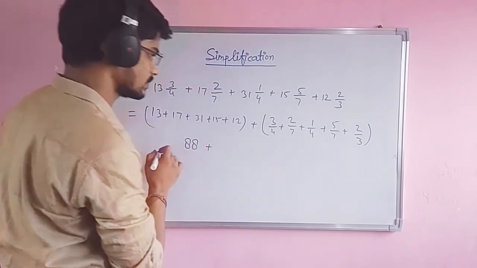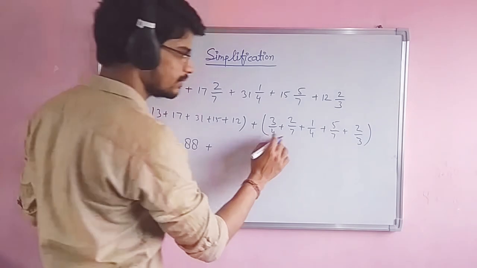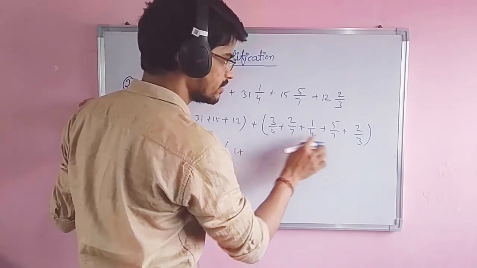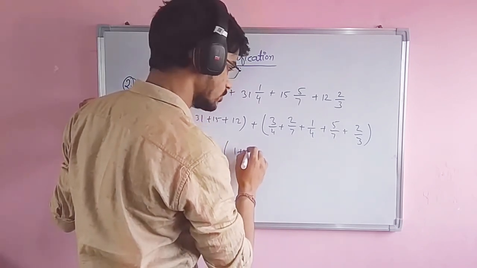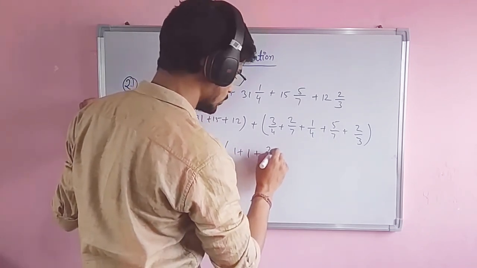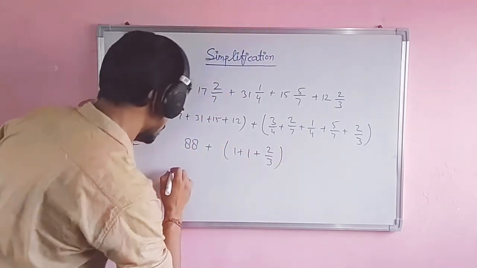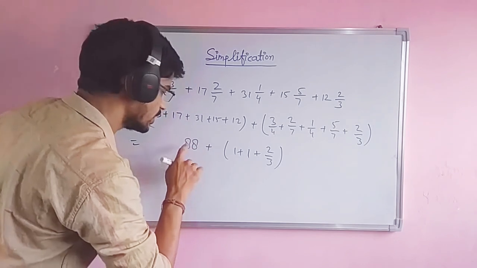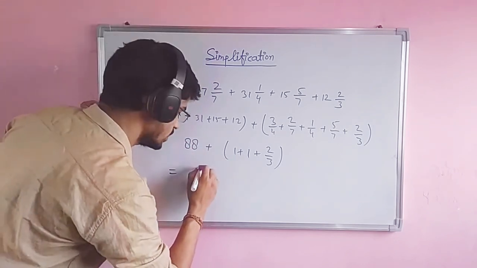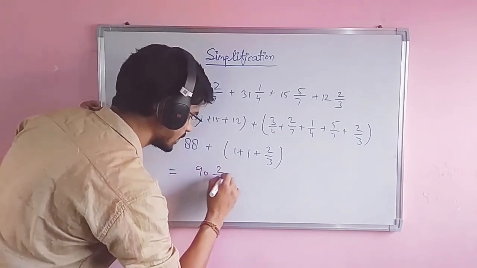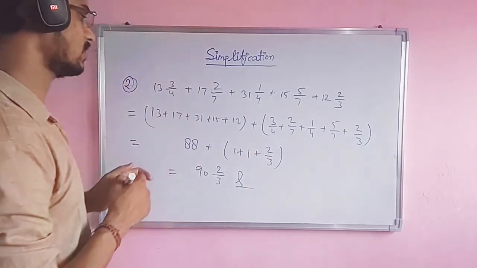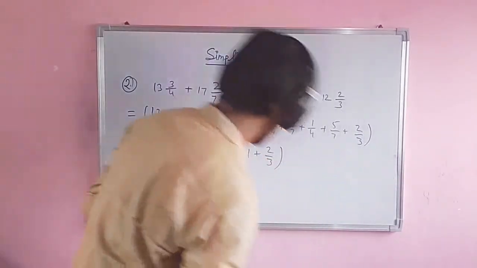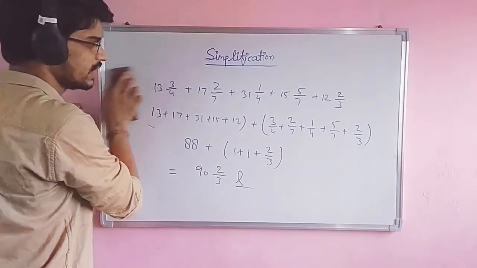Here 3 by 4 plus 1 by 4 is 1, and 2 by 7 plus 5 by 7 is also 1, plus 2 by 3. That means 88 plus 1 plus 1 is 90, so 90 2 by 3 is the answer of this simplification. Clear? Now move to the next question.